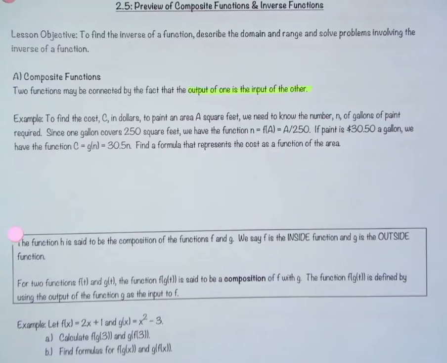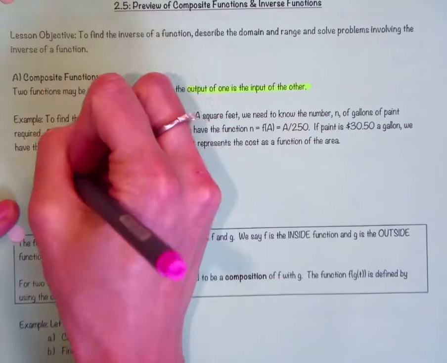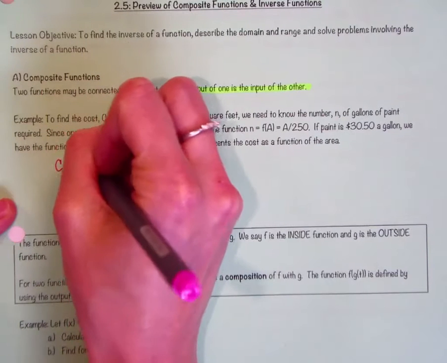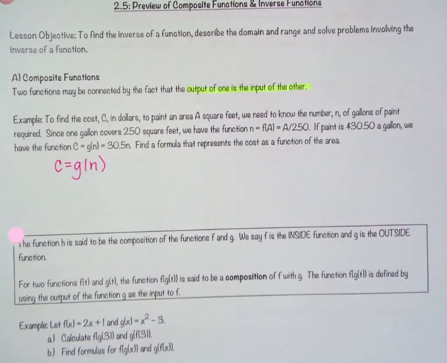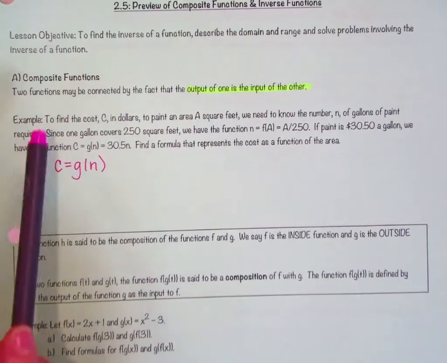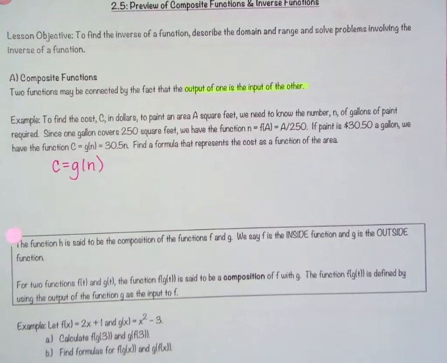Okay. So if I want to write a formula that just represents the cost, what I could say is, all right, well, the cost is a function of the number of gallons I need, right? So if I know the number of gallons, I'll know the cost.